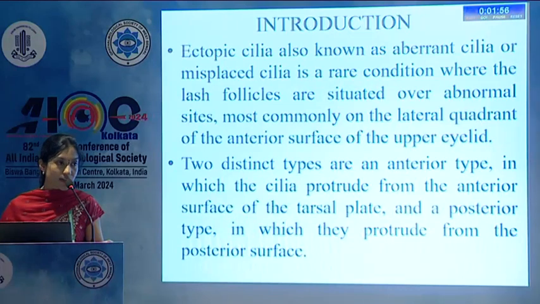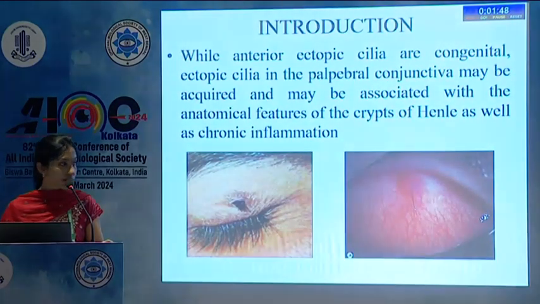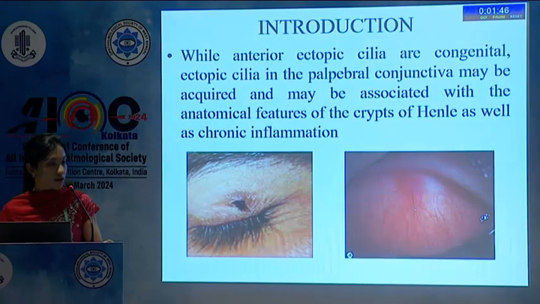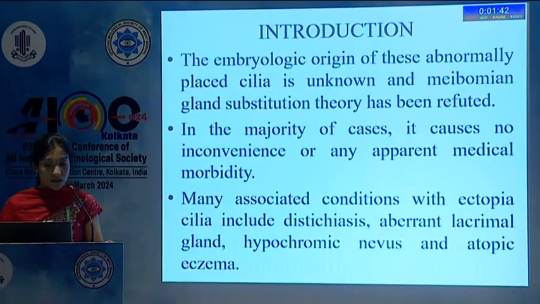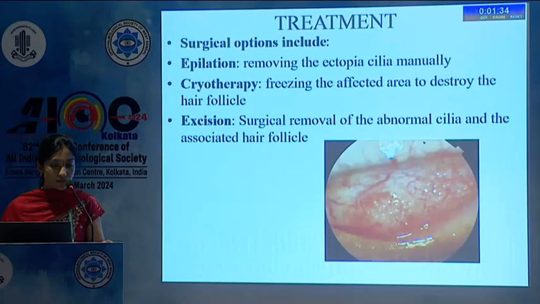Anterior is generally congenital and posterior is an acquired type. Anterior ectopia cilia are seen along the upper eyelid, generally between the medial 2/3 and the lateral 1/3. The embryological origin of these cilia is unknown, and the meibomian gland substitution theory has been refuted in this case.